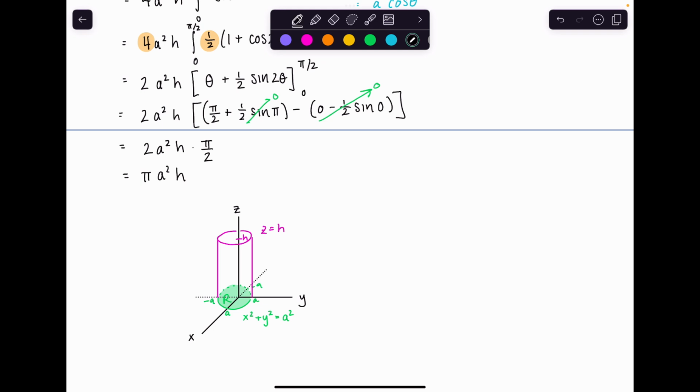And then our region in the xy plane is that circle of radius A.